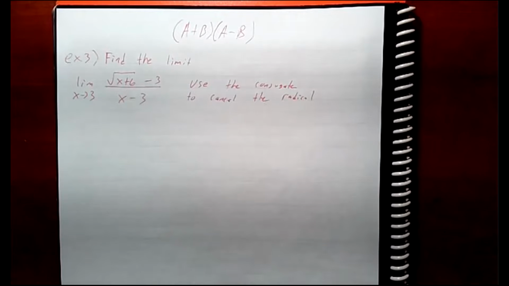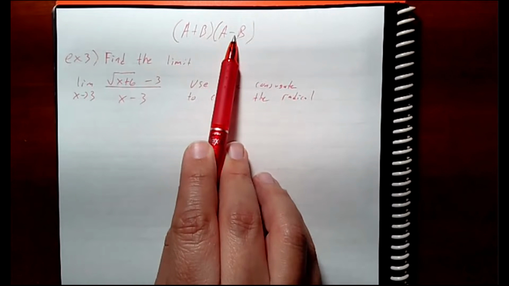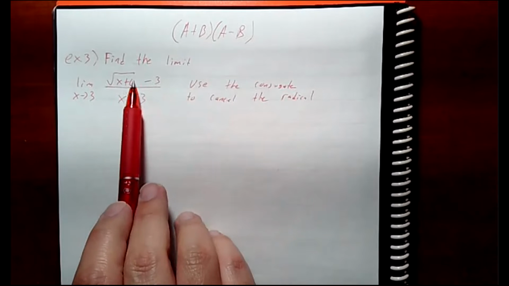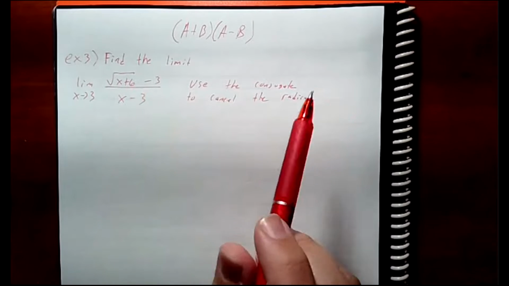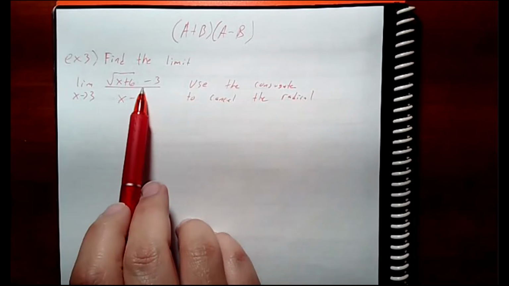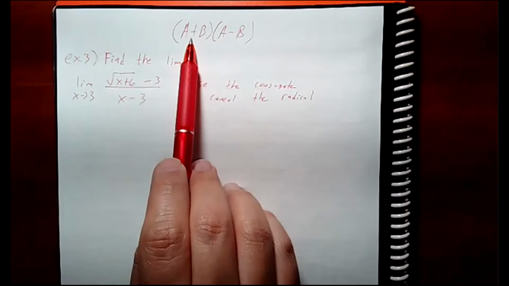So conjugate means it's just two pairs that are the same, except that the sign in the middle is different, the plus and the minus. If you look at the top, you have this term and this term, and there's a minus there. So the conjugate of the top would be the same thing with the plus.